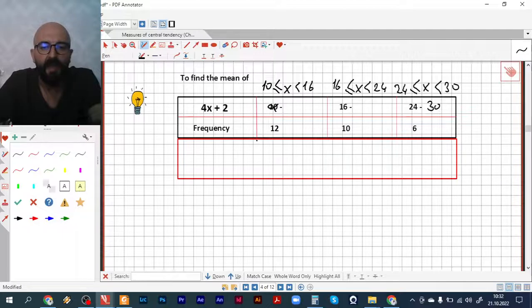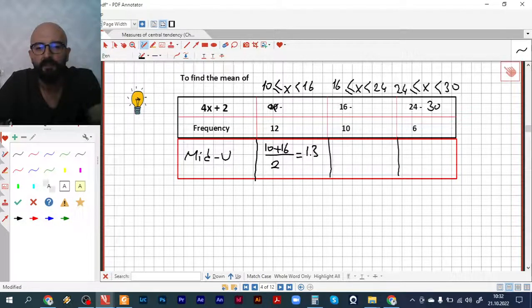The class mid values: 10 plus 16 over 2 becomes 13, 16 plus 24 over 2 becomes 20, and 24 plus 30 over 2 becomes 27.